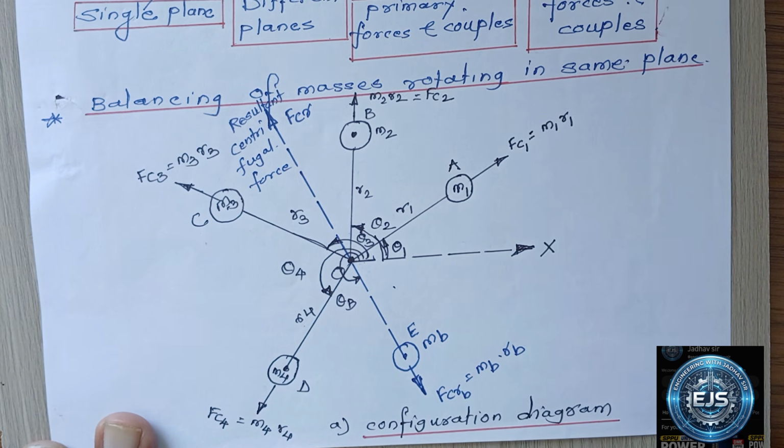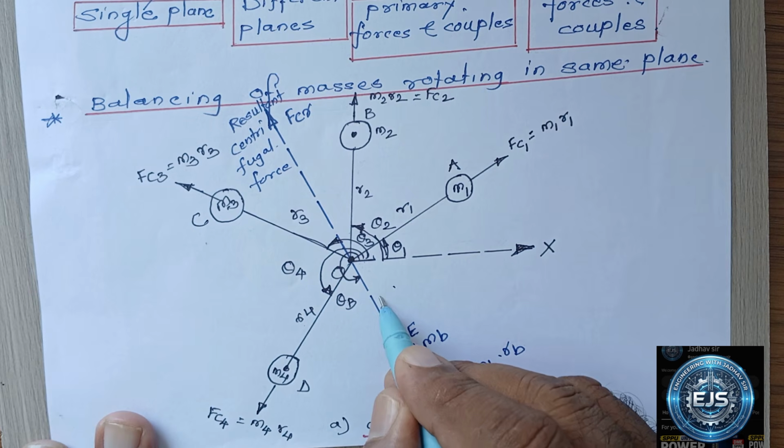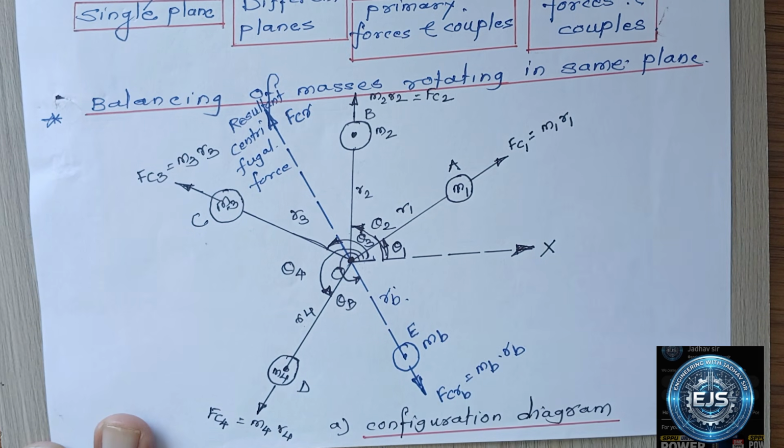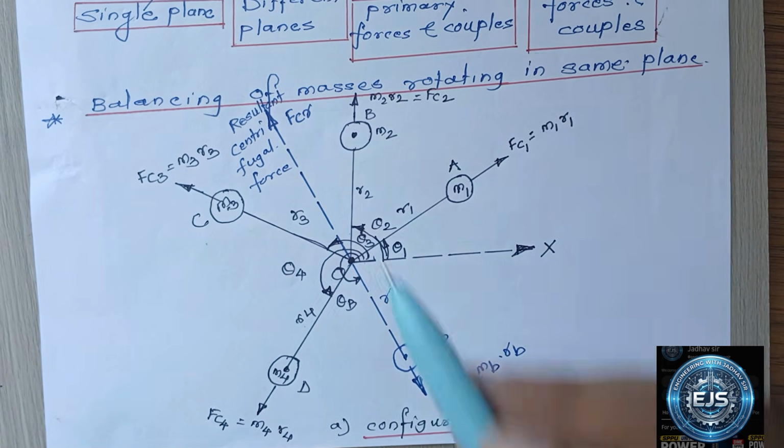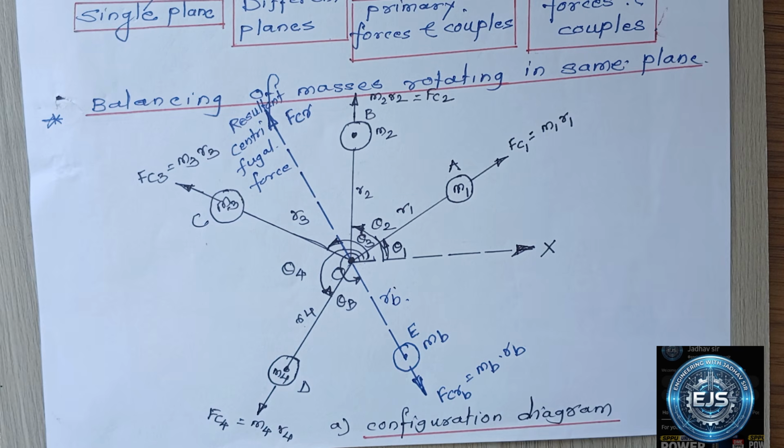So that the resultant centrifugal force is balanced by the balancing centrifugal force, and this balancing mass is mb and its radius of rotation is rb. Centrifugal force is calculated by the product of mass into radius, and the balancing force is also calculated by mb into rb, because all the masses are rotating at the same angular velocity omega. So the omega square term gets cancelled, and the centrifugal force from here onwards is nothing but the product of mass into radius.